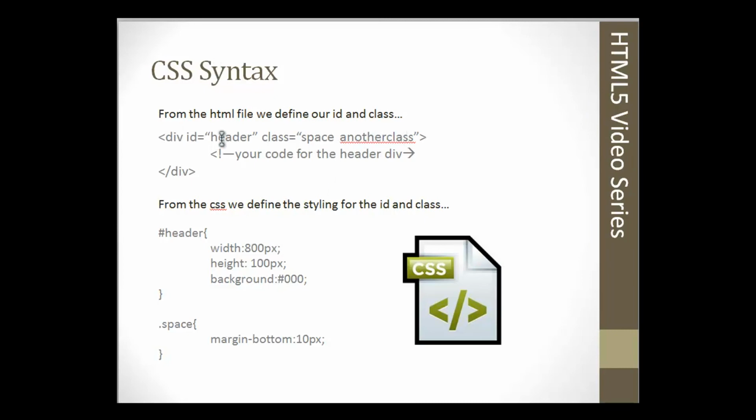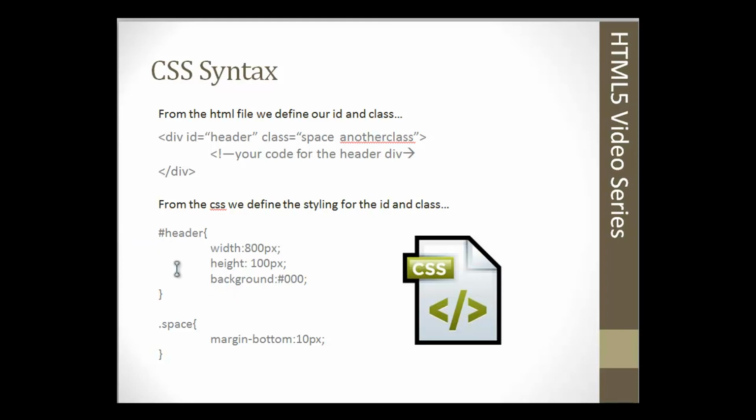Now that on its own is going to do absolutely nothing to the code inside. We have to go to the CSS file that we linked a few slides back. I think it was file.css, and in that file we want to open it, and we want to add our ID and classes in there.